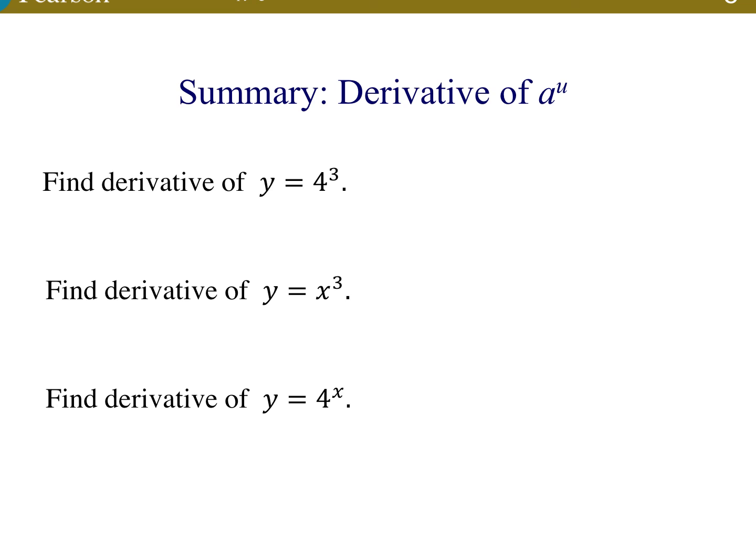So what rule do you use for y equals 4 to the 3? We don't use the exponential rule because the exponential rule requires a constant base only, not a constant power.